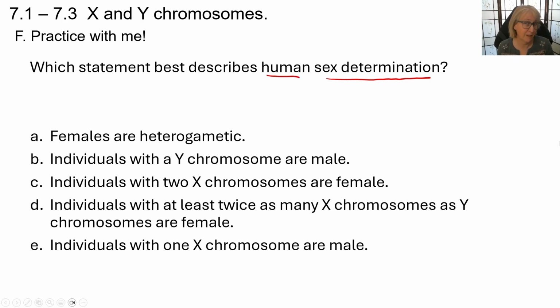That happens in some things, but not in humans. Individuals with one X chromosome are male. This here is the answer. You could be XXY. You would still develop as male. This is not true in humans.